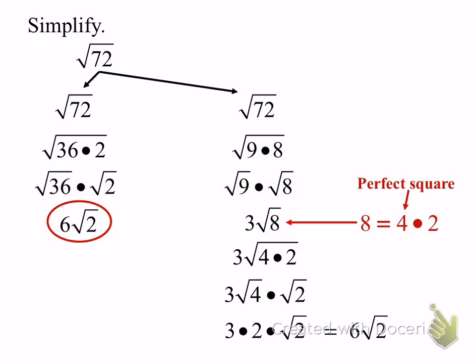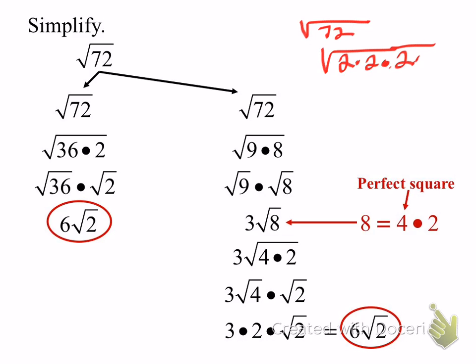Got it? I did have a girl last period. All she did was break everything down into prime factors. This is how she did it. It just came easier to her that way. So if she had 72, she just went 72 is made up of 2 times 36. 36 is made up of 2 times 18. 18 is made up of 2 times 9.